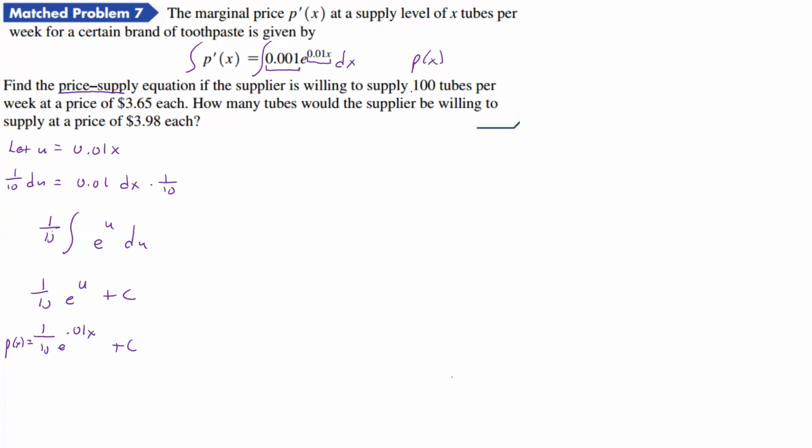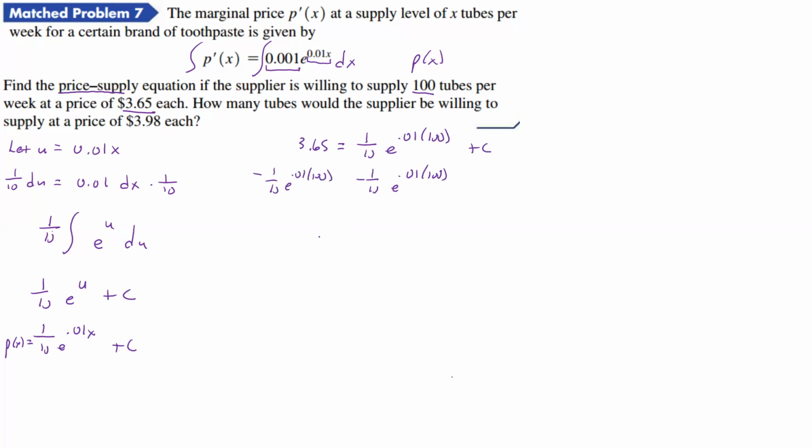Now they've said that if we get 100 tubes for a price of $3.65, we need to now find C. To do that, we say 3.65 equals 1/10 e to the 0.01 times 100 plus C. Now we take all this to the other side and subtract it over here.